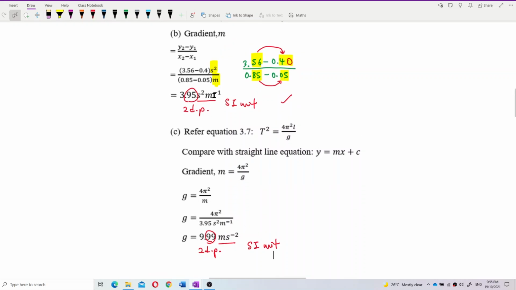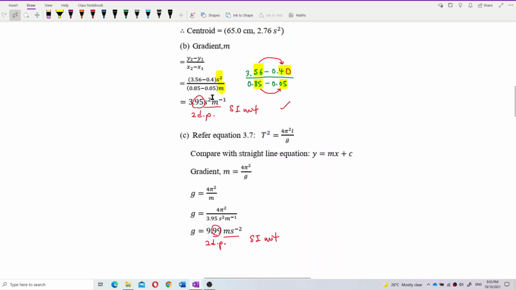So look at here, the gradient has a different unit. The gradient is second square per meter. However, g is meter per second square. So two different units. Some of you put the same unit because you didn't check the unit of the gradient.